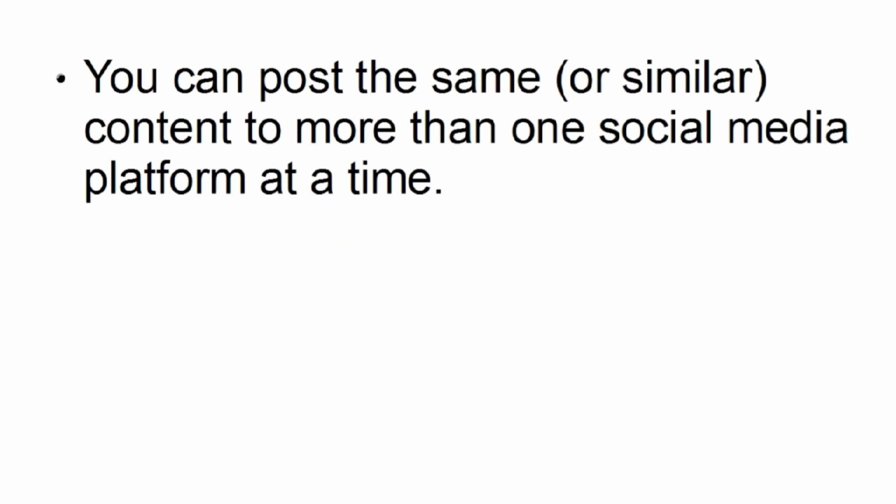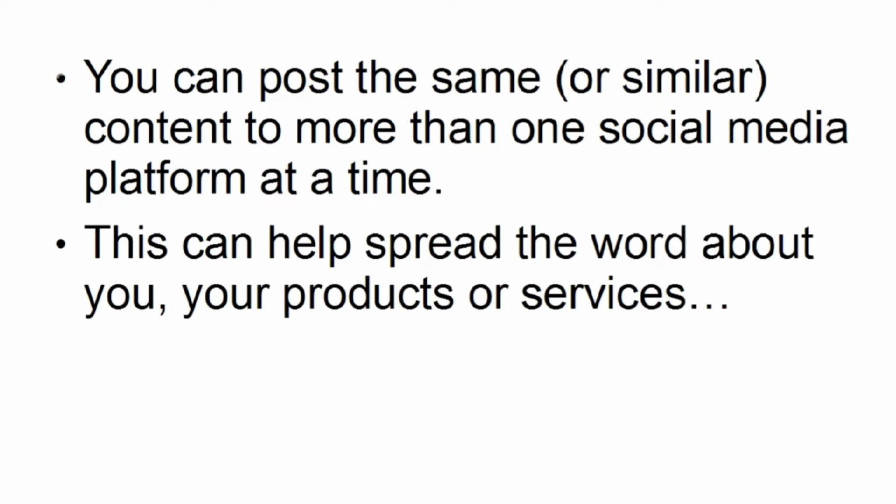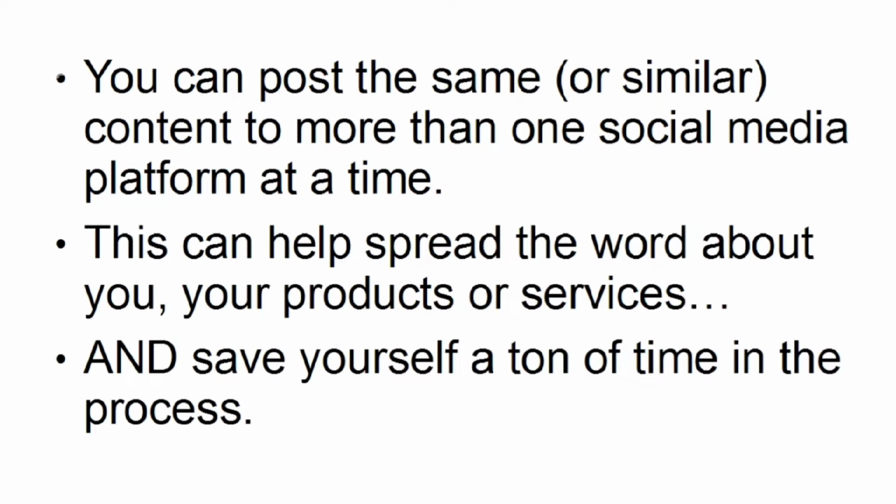Well, there is. You can post the same or similar content to more than one social media platform at a time. And this can help spread the word about you, your products or services. And you can save yourself a ton of time in the process.